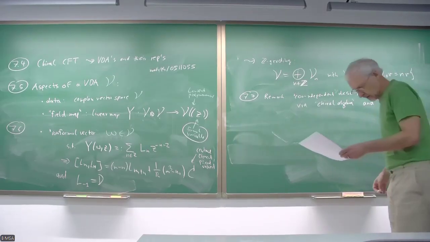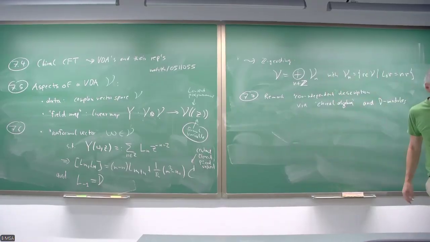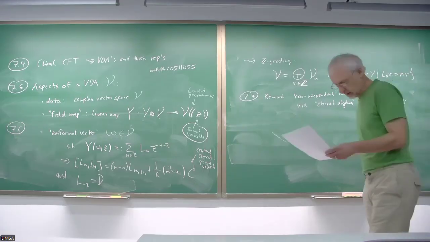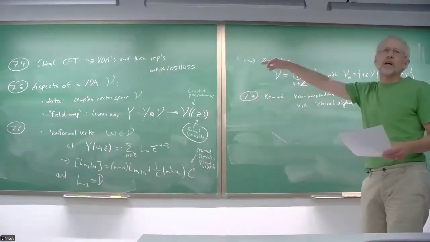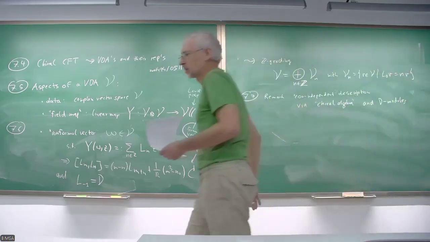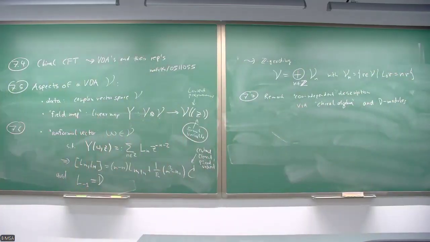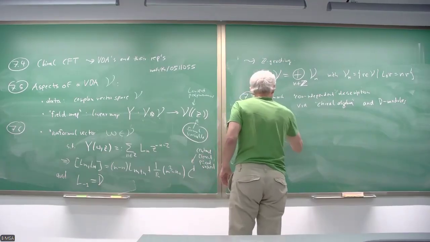You can define these things for arbitrary smooth algebraic curves, and in the case that the curve is actually the affine line, you get back vertex operator algebras by choosing such a formal variable. So much. That's all I want to say about vertex operator algebras themselves. Next, about representations.